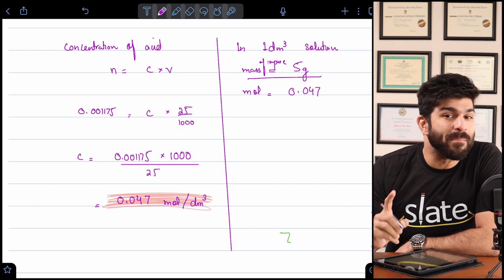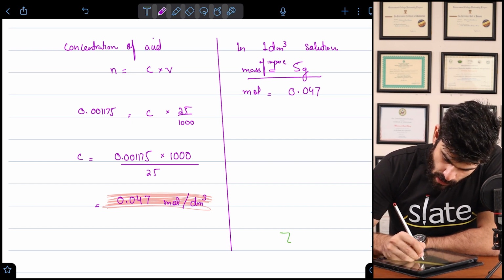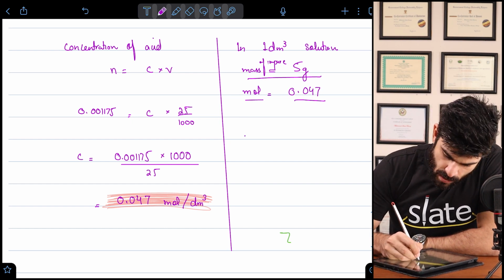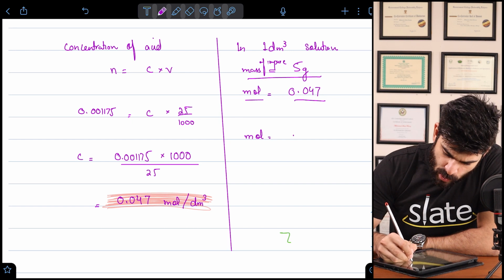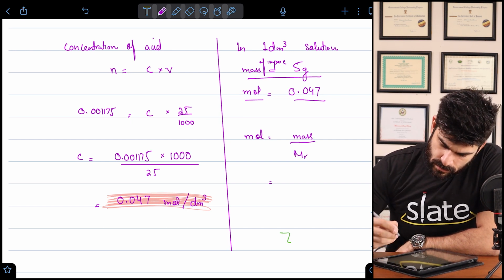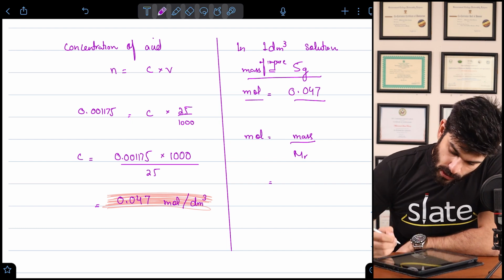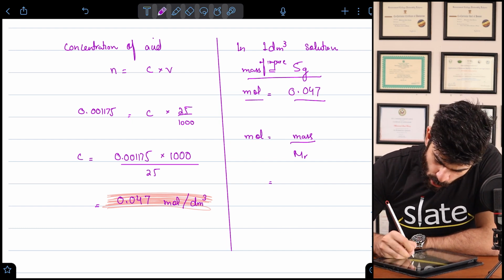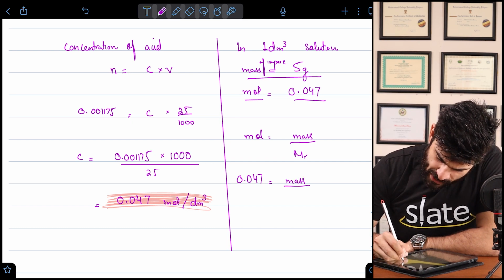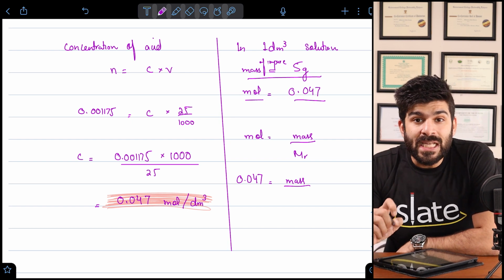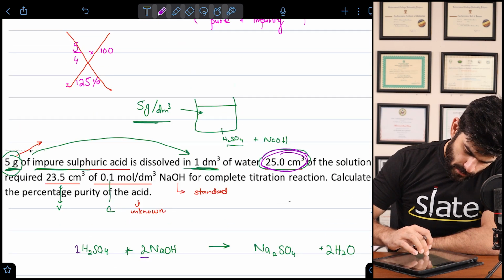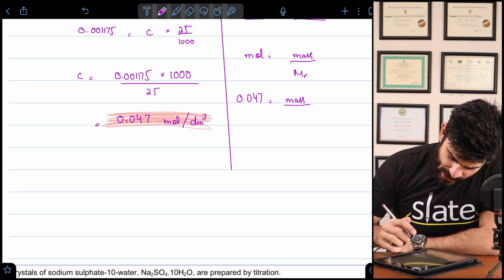So how to calculate the mass of pure? We have the moles in a dm cube. We simply use the older formula. Mole equals mass divided by Mr. So here what we're going to do is 0.047 equals mass divided by the Mr of the H2SO4, the acid. So it's very basic, but still let's calculate it.